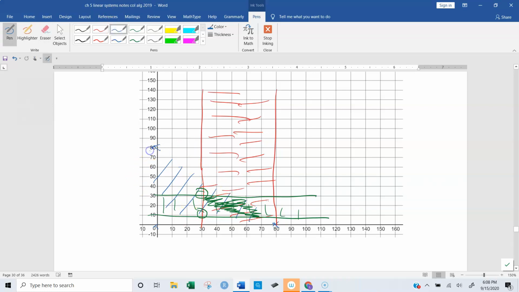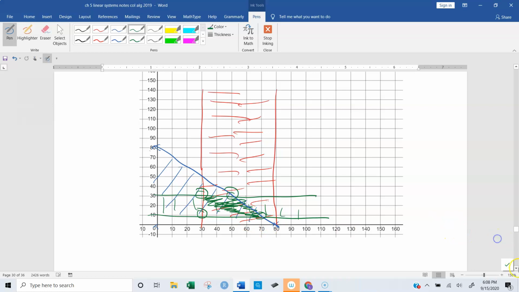Now the blue line has to be exact, because where these intersect is very important. There, that's better. All right, so we're going to get 50, 30 for one line and 70, 10 for the other.